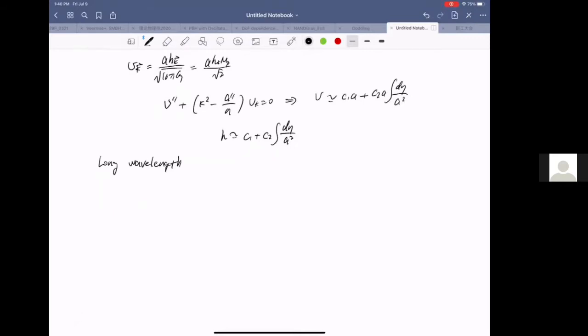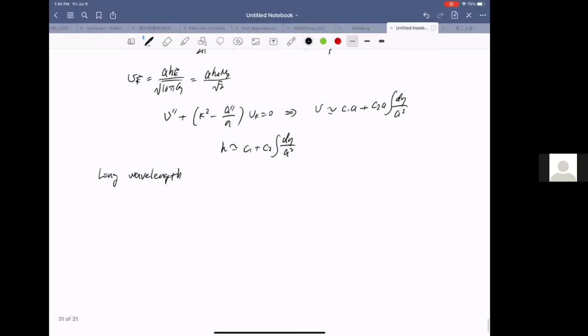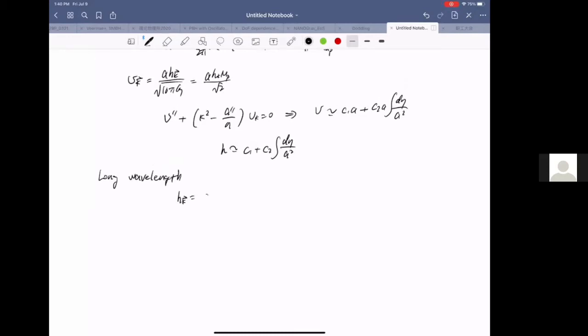So in this case, you can just solve the equation of motion and get the following result. j_l and y_l are spherical Bessel functions.